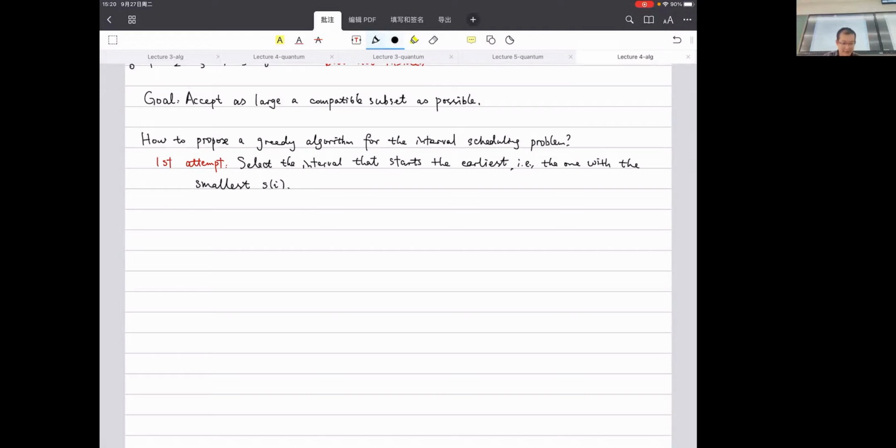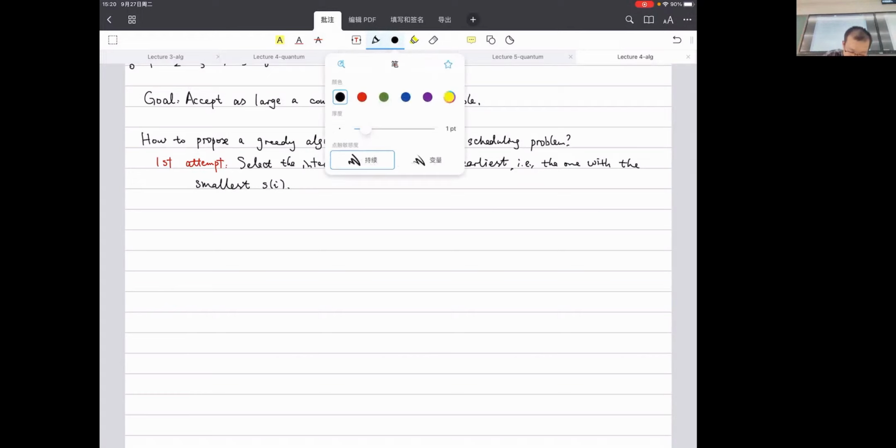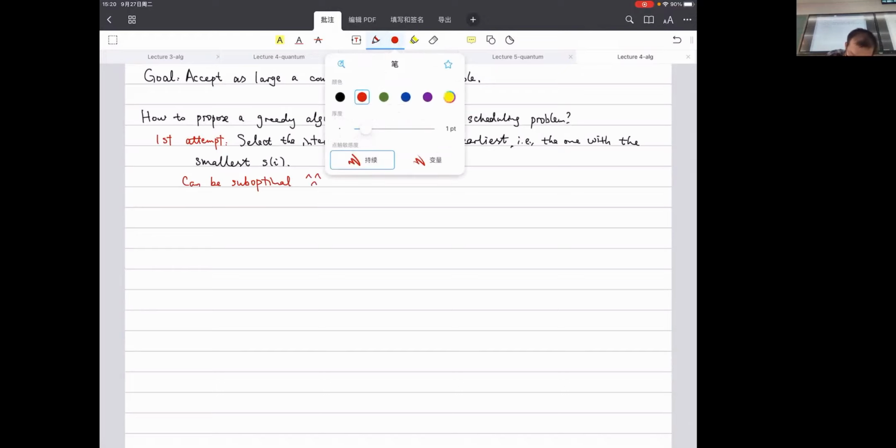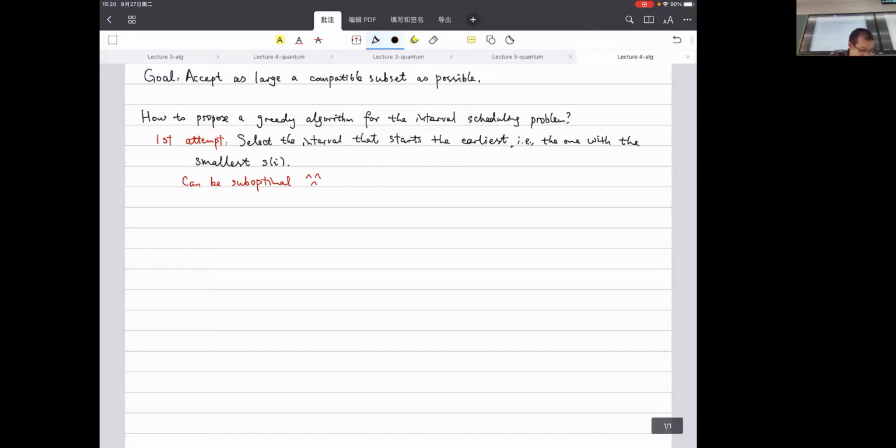Exactly, exactly. Thanks Bohan for giving the example. Basically, this can be very suboptimal. So this is not really good. Maybe you have an event that starts early but takes a very long time, and maybe there are some other events, for instance, like this.